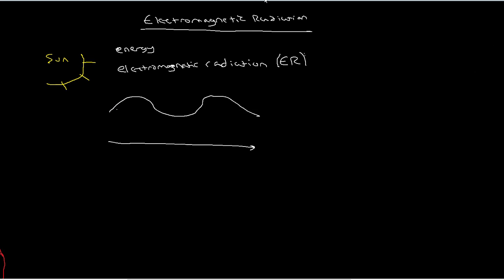And so this wave has two characteristic features, right? It has this distance from one peak to the next peak. This is called the wavelength.